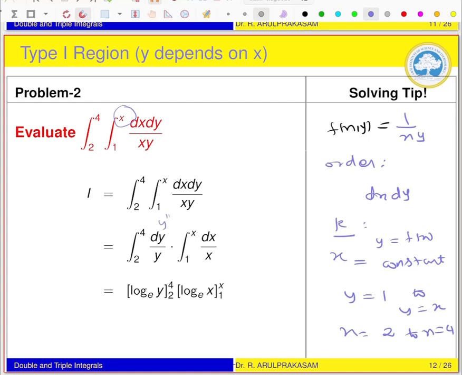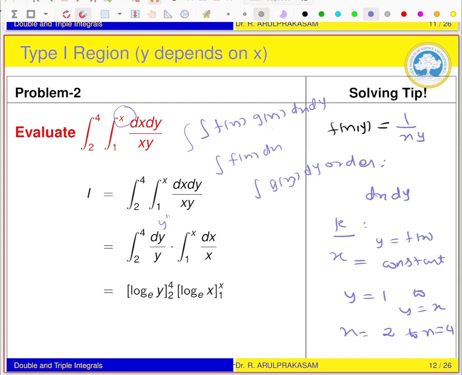One important thing here is that the function is in multiplicative form. By the property, the integral of f of x into g of y, dx dy, I can separate: the integral of f of x dx times the integral of g of y dy.